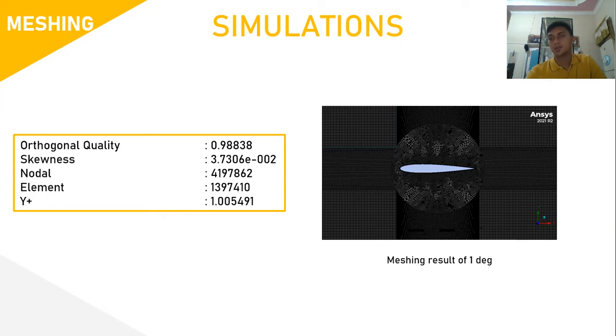On the right-hand side, you can see the meshing result, zoomed in on the airfoil profile at 1 degree.